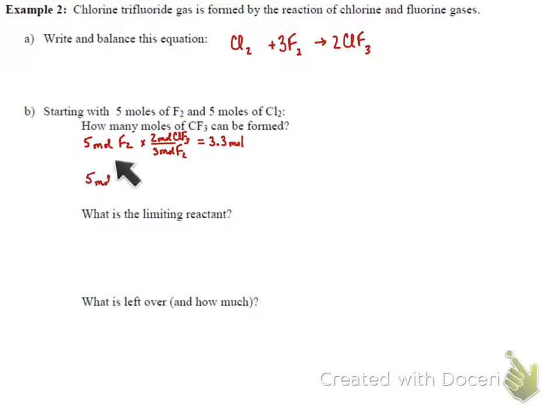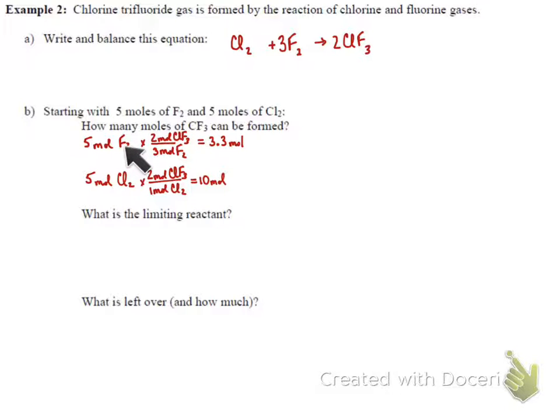So from our fluorine, 5 moles of fluorine, again we use the mole ratio 2 to 3, we could make 3.3 moles of product. But from chlorine, 5 moles, with its mole ratio, we could make 10 moles of product. The one that matters is the smaller one, because when we make 3.3 moles of product, it means that the fluorine is gone.